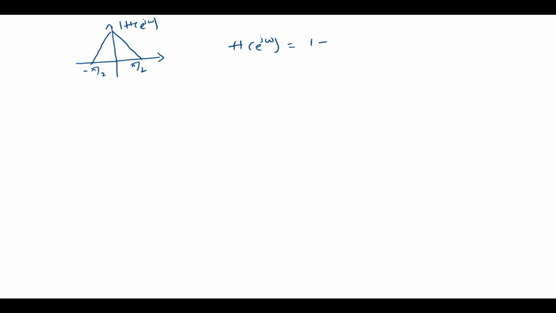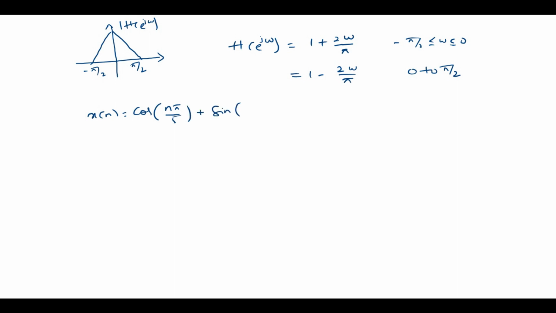I'm writing it as a function. Its value is 1 plus 2 omega by pi from minus pi by 2 to 0, and it is 1 minus 2 omega by pi from 0 to pi by 2, and the given input x of n is cos of n pi by 5 plus sine of n pi by 4 plus 0.5 cos of 3n pi by 4.